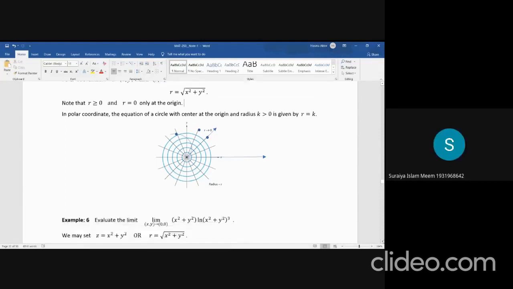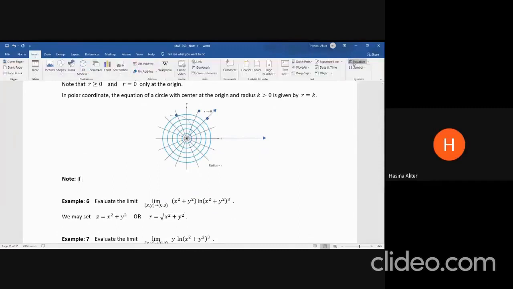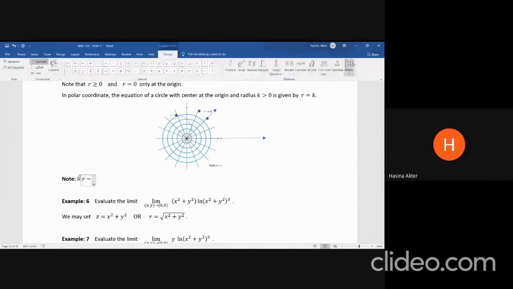Sorry, ma'am, can you repeat this again? Okay. So I said that, let's say r is close to 0 in polar coordinates.